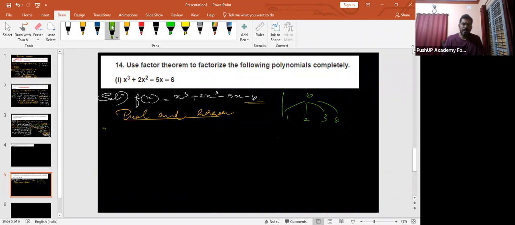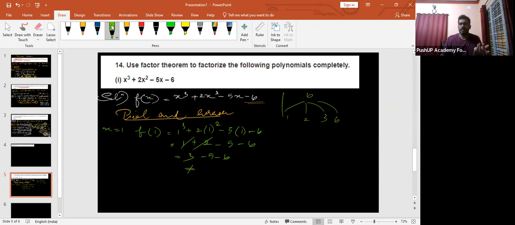When x is equal to positive 1, let's see what would be f of 1. F of 1 would be 1 cube plus 2 into 1 square minus 5 into 1 minus 6. 1 cube is 1, plus 2 into 1 square is 2, minus 5 into 1 is minus 5, and then minus 6. 1 plus 2 is 3, minus 5, minus 6.